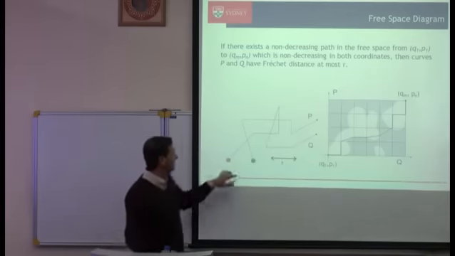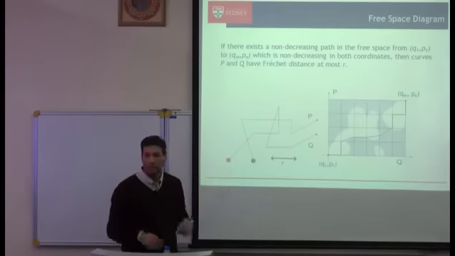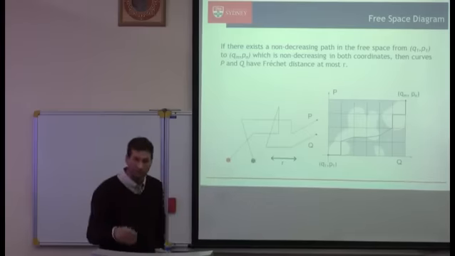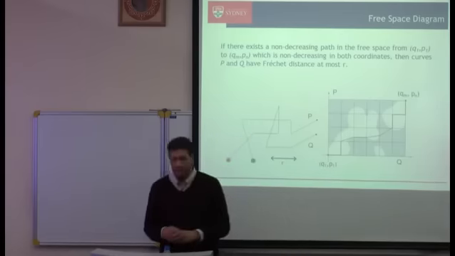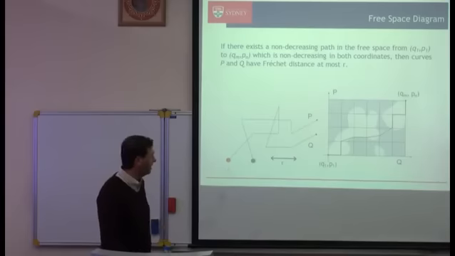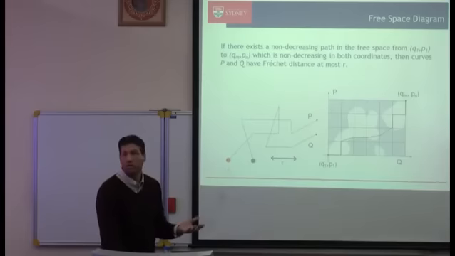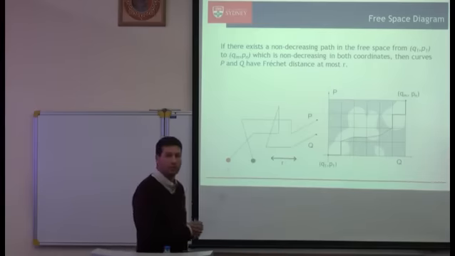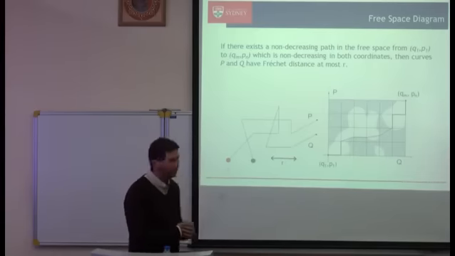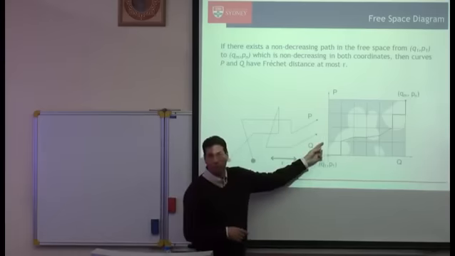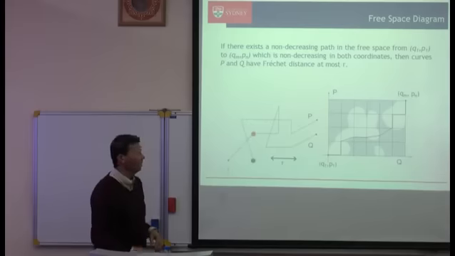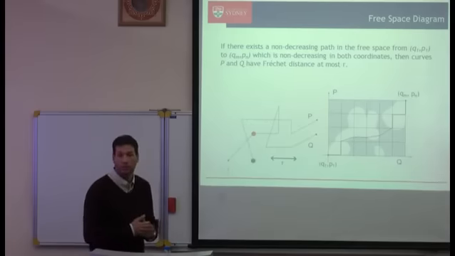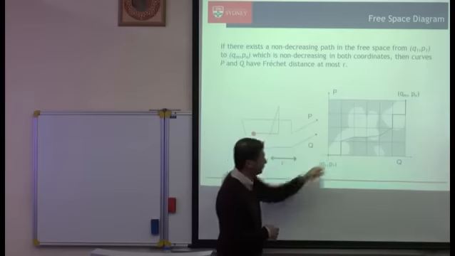It means that I can move 2 points along P and Q, such that the distance between these 2 points is never greater than R. So let's look at the first edge along the XY monotone path. It's horizontal. So what does that mean? If the dog stays and the person walks. Exactly. Because I'm not going up along P, so I'm only moving along Q. So this is the movement for the first segment.